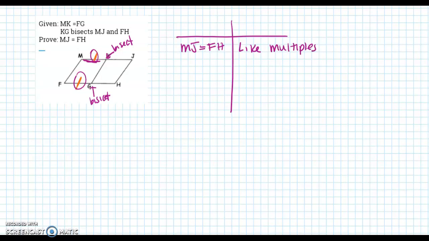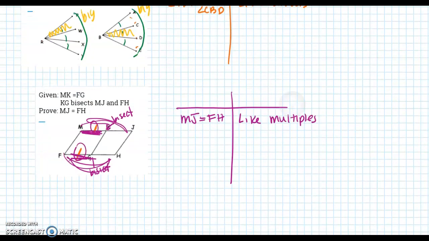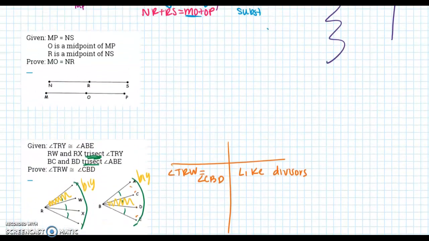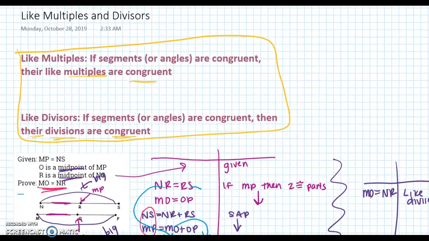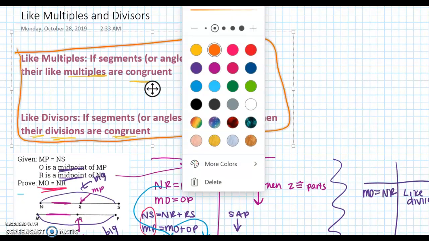And again, think about the process. If you took this segment and you doubled it, you would get the big one. If you took this segment and doubled it, you would get the big one. So sometimes it's confusing which rule you use. So go back to the beginning. Go back to your rules that you wrote down.